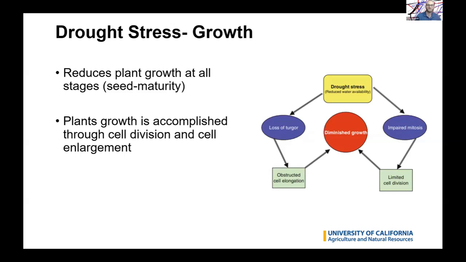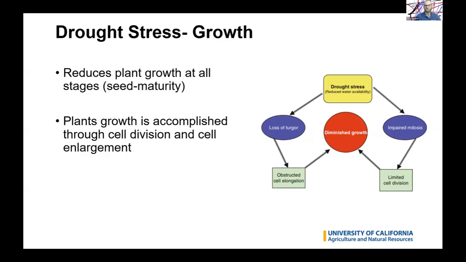But there's a lot of effect of drought stress on essentially every aspect of a tree's normal process. Drought causes reduced growth at all stages, from seed to maturity. Under drought stress, seeds aren't going to germinate properly because there's just not the right environmental conditions for them to grow. So seeds are going to wait until they can have that soil moisture that they need.